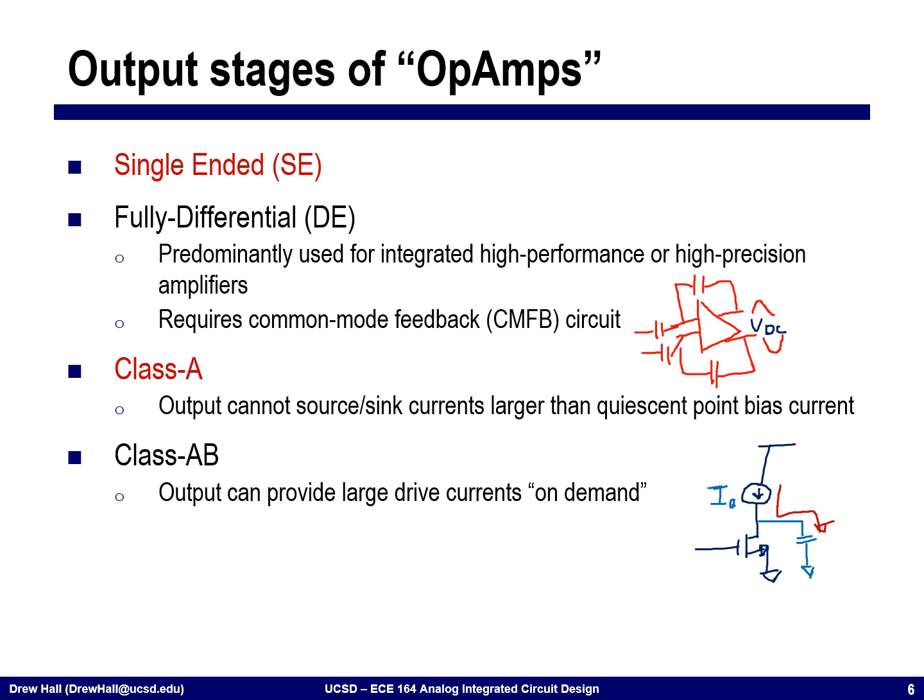They typically require a little bit more biasing and have some other trade-offs in terms of their distortion and swing capabilities relative to Class A. So Class AB are typically what you would find in, for example, a rail-to-rail amplifier, whereas a Class A is very rarely going to be rail-to-rail.